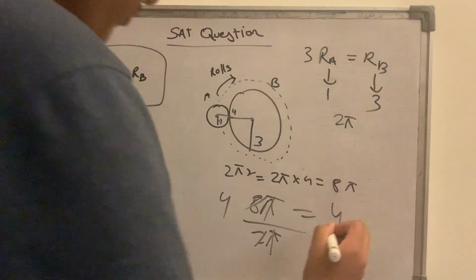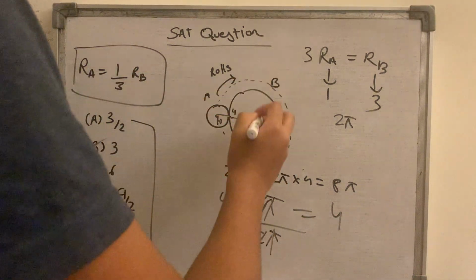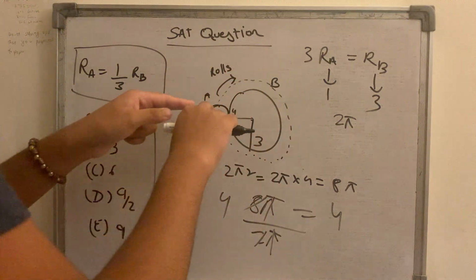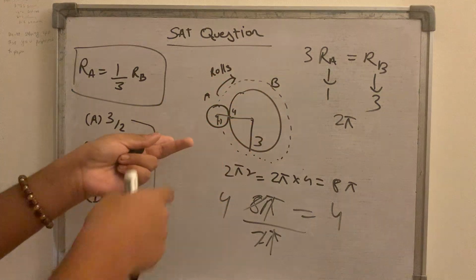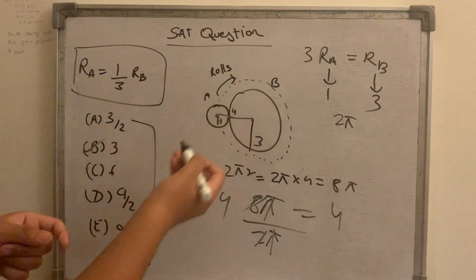So basically we had 2 coins, this is the bigger coin, this is the smaller coin, and the smaller coin will have to make 4 revolutions so that the center coincides with the point from where it started.